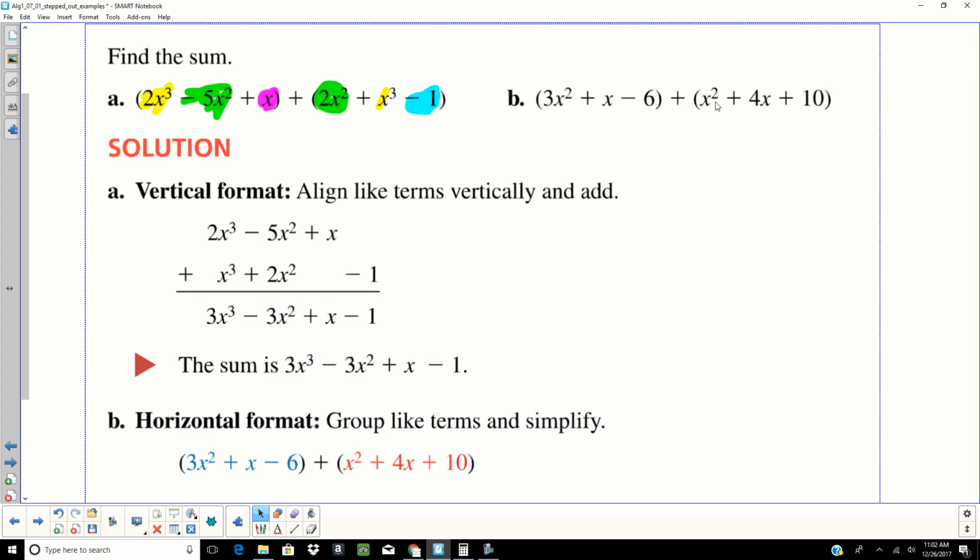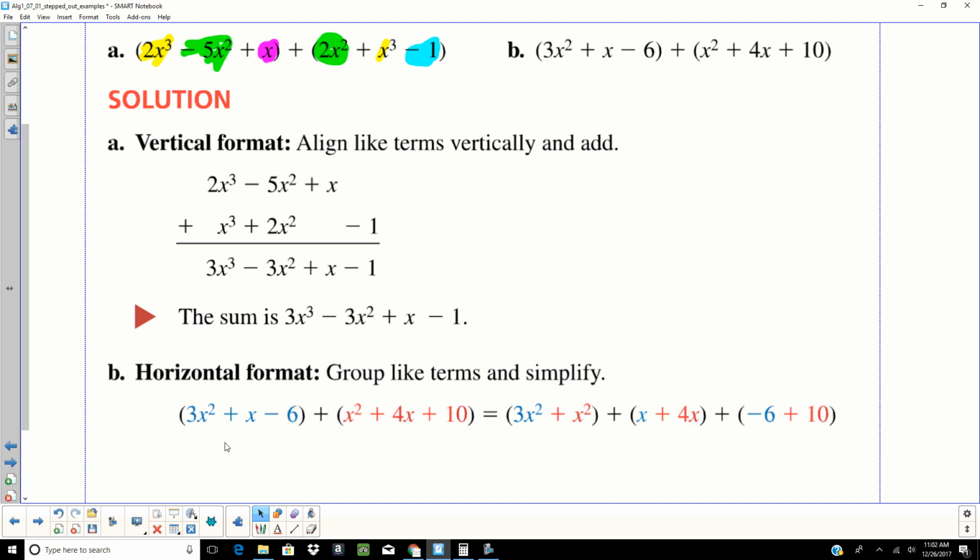So 3x squared, x squared, it's going to give you 4x squared. x plus 4x is going to give you 5x. Negative 6 plus 10 will give you 4. So it doesn't matter if you want to do it vertically or horizontally. I'm probably going to stick with the horizontal. But the main thing is you just want to combine like terms.